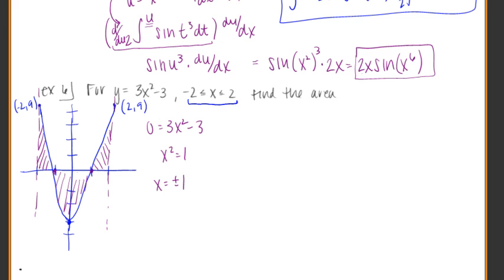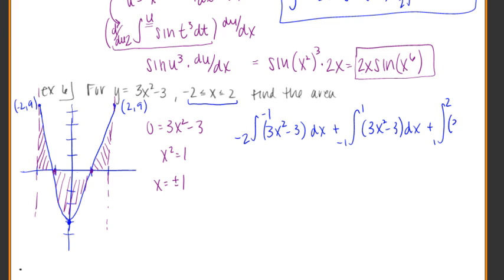So subdividing the closed interval, we take the integral from negative 2 to negative 1 of 3x squared minus 3 dx, then add the area from negative 1 to positive 1 of our function, and lastly from 1 to 2 of our function.